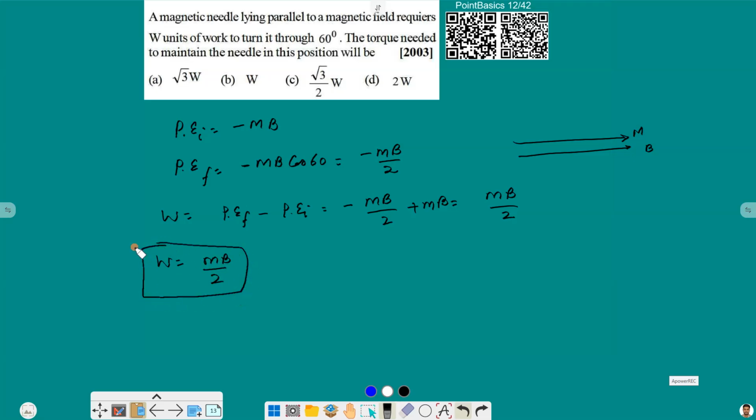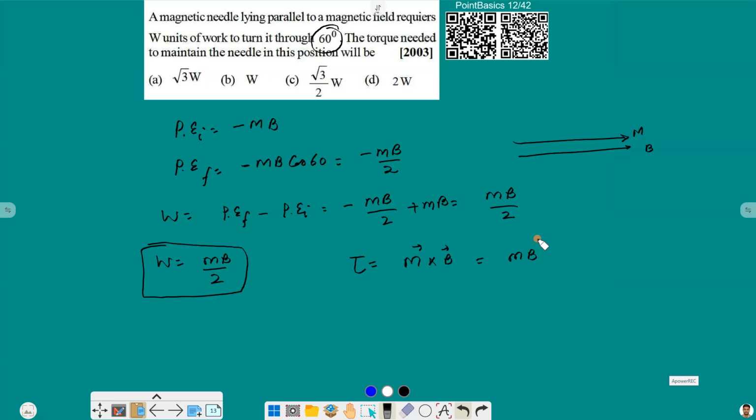We will use this expression in the form of torque. We are asked to find the torque needed to maintain the needle in this position, where the angle is equal to 60 degrees. So torque will be M cross B, or MB sine 60.